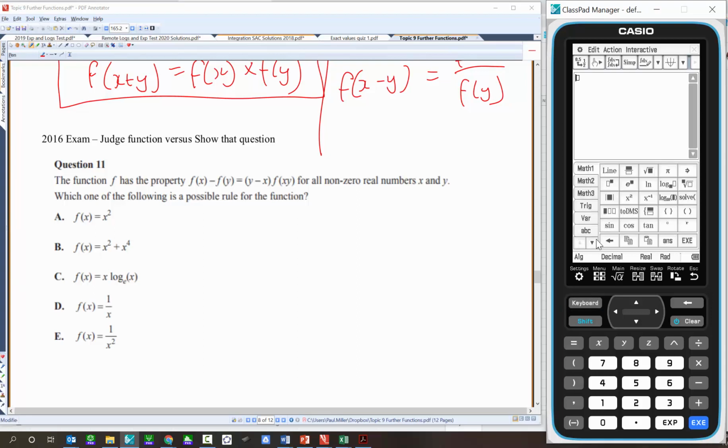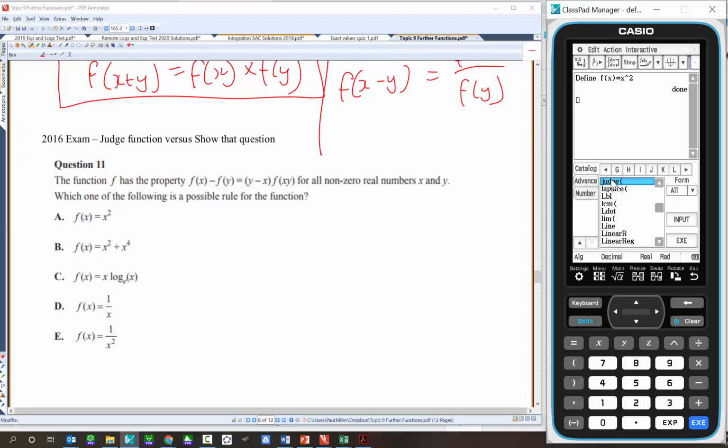What we're going to do is go to the catalog, and judge is what we want. Or I should have done this before. Let's define our first function, f of x equals x squared.